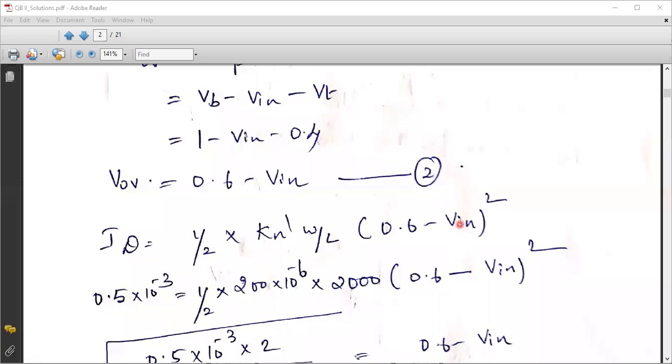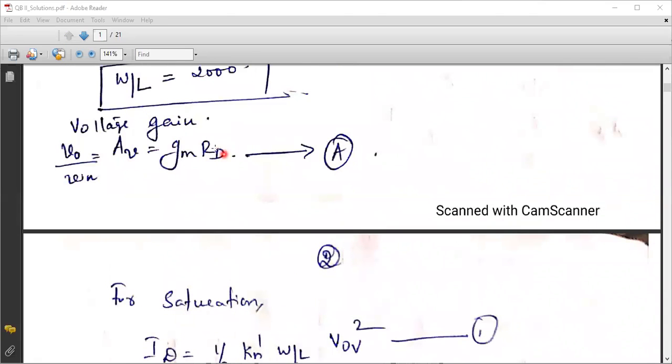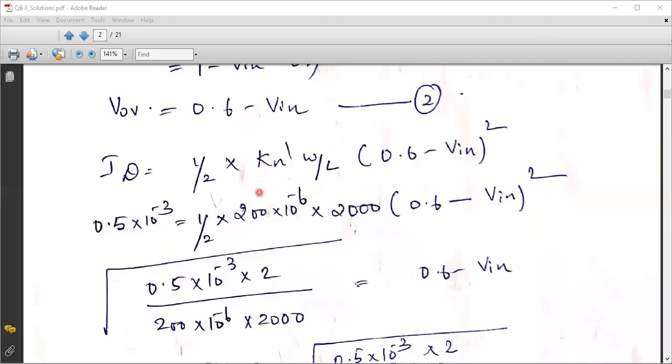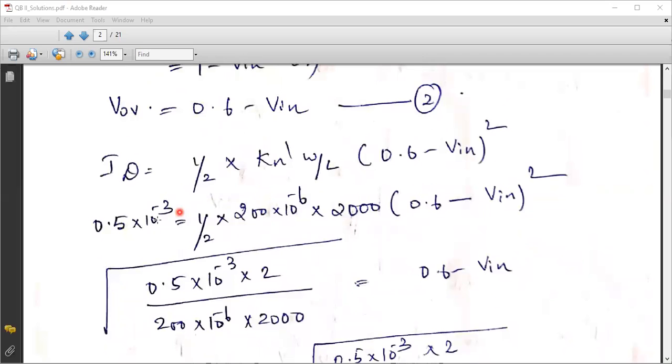Why am I computing V in, students? Because I need to find the maximum voltage gain. Only if you can find the voltage gain will I be able to solve for the drain resistance RD. So first I should compute V in and thereafter V out, so that you can find the voltage gain AV. Rearrange this equation, take the square root on both sides, and then we will be able to solve for V in.